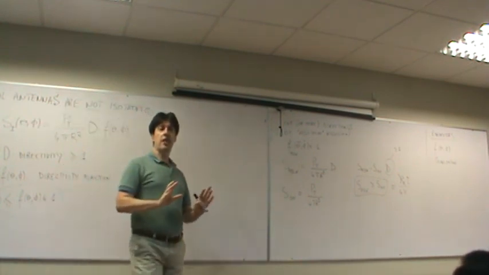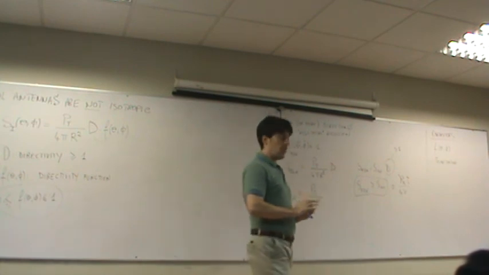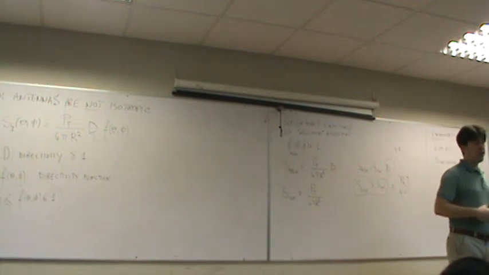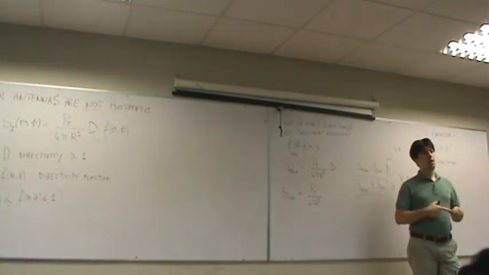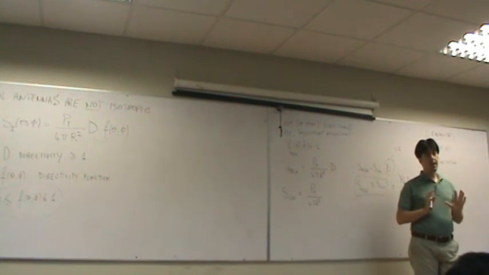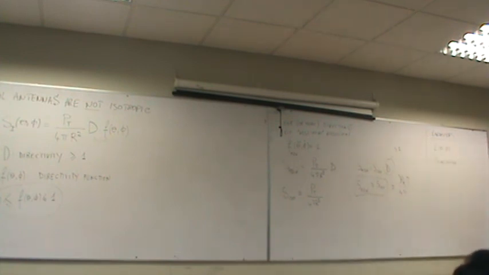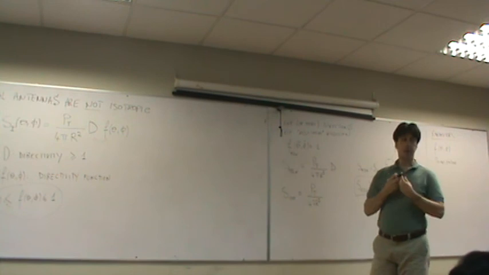No antenna is ideal. No antenna is lossless. You can have losses in the conductors, and you can have losses in the dielectrics that make the antenna. Depends on the frequency. The culprit is not always the conductor. You can have strong losses also in the dielectrics. But the story is you always have losses.